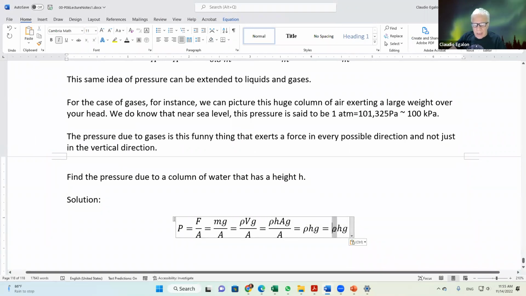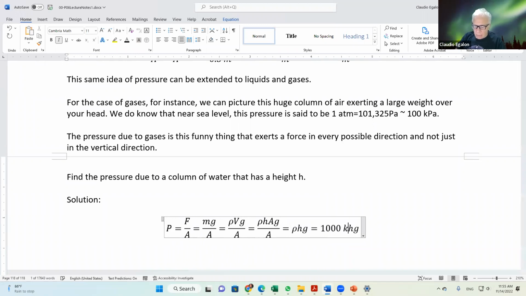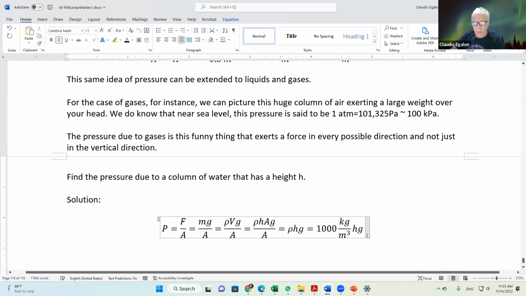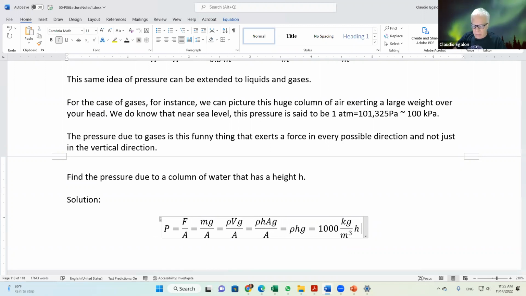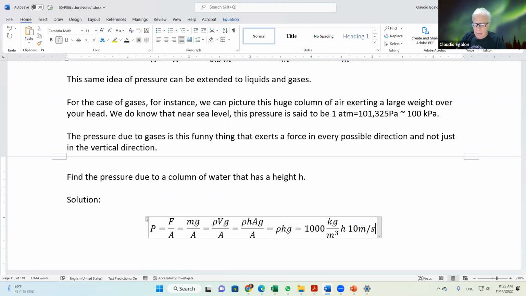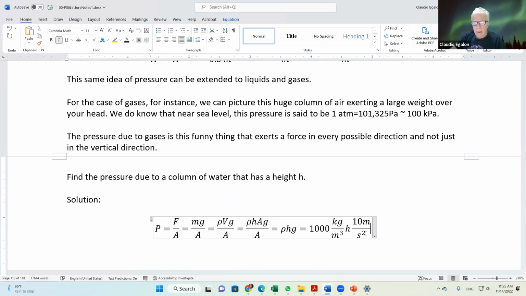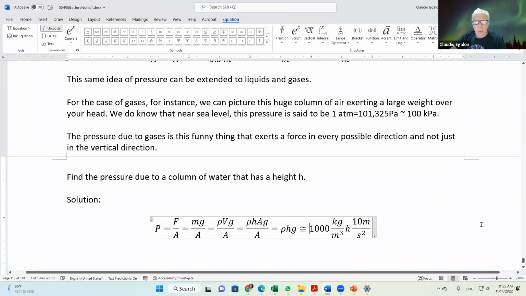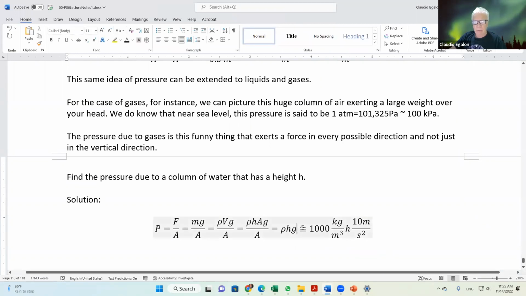You know that the density of water is 1,000 kilograms per cubic meter. You also know that the acceleration of gravity is approximately 10 meters per second squared. This is a very good approximation. Remember, we're talking about good approximations here, not any type of approximation.